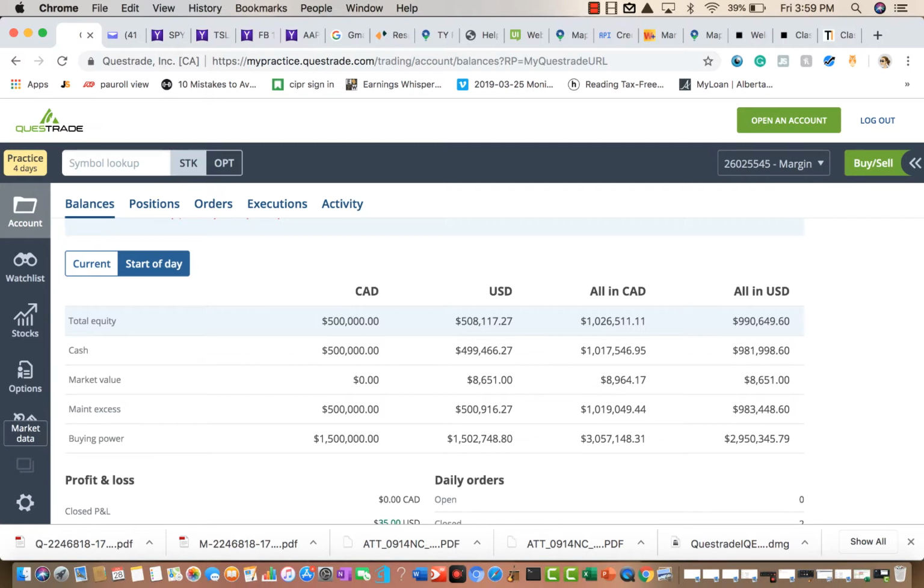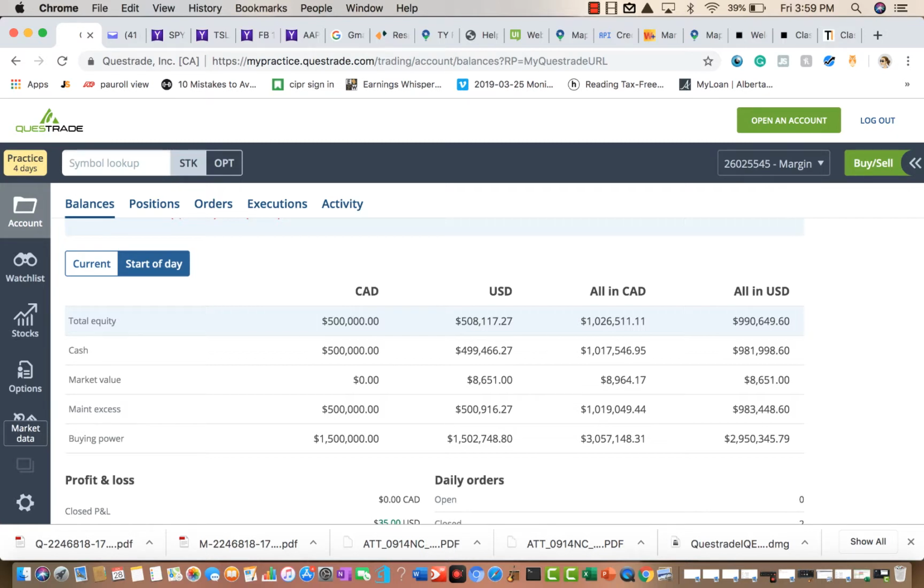Right here you'll see I have 500,000 Canadian total equity and 508,000 US. So overall, the amount that I have is 1,026,511.